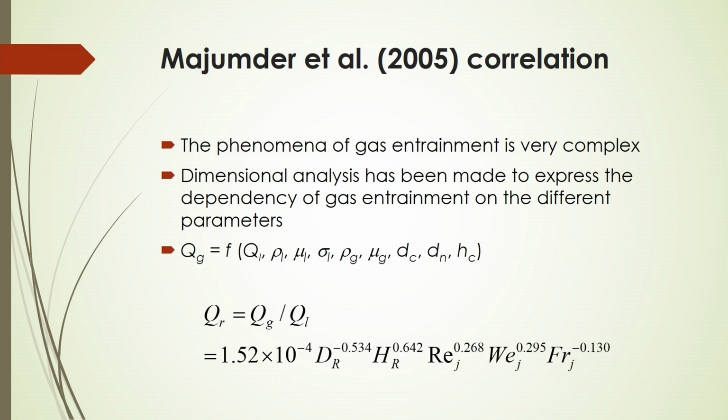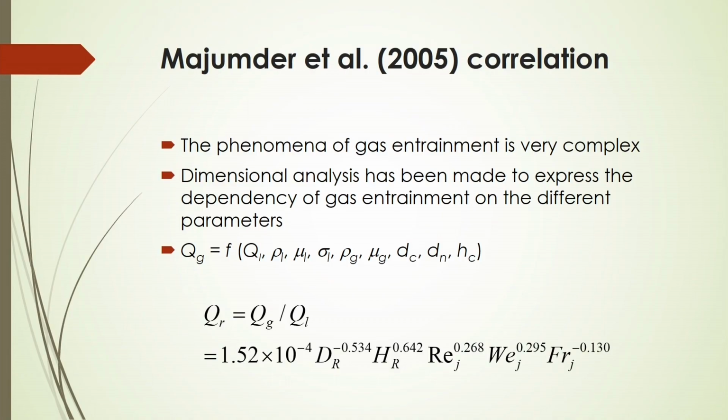Also the height of the pool of liquid inside the column should be considered, because if you have more pool of liquid there, you will see more resistance to the drag of droplets or gas into the liquid.